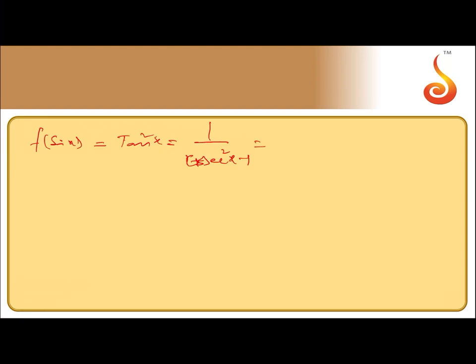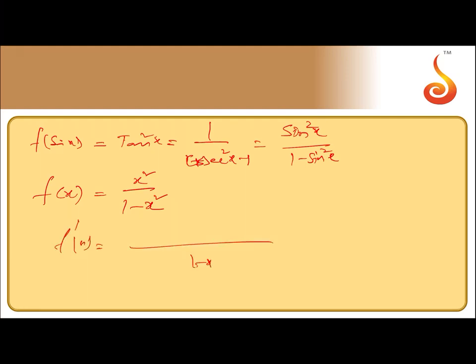Cosecant square is nothing but 1 by sine square x, and therefore it can be written as sine square x divided by 1 minus sine square x. So if I replace sine x as x, it is x square divided by 1 minus x square. So now we would like to find the derivative of this function.